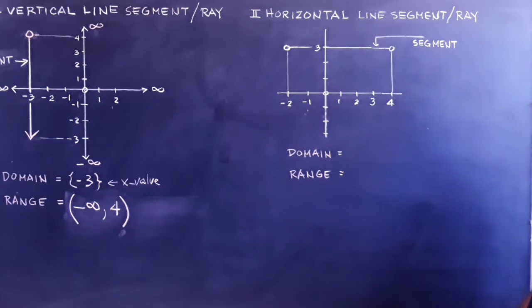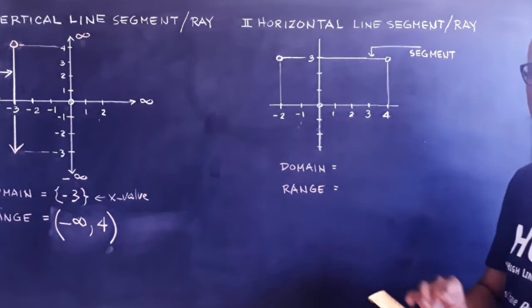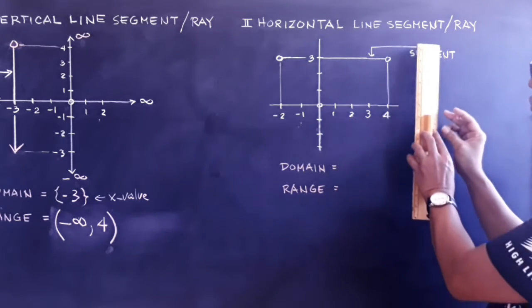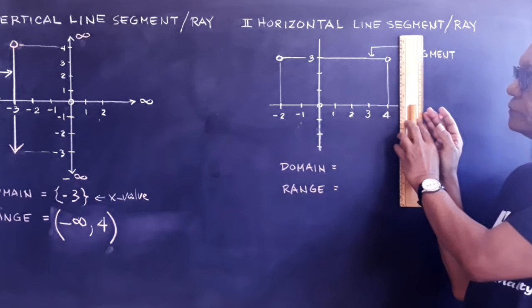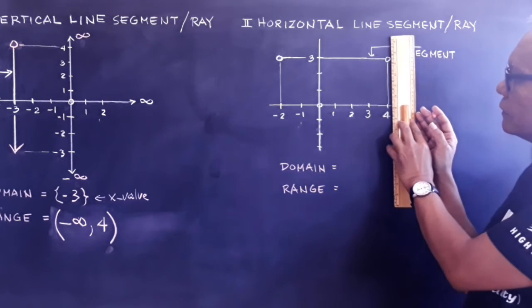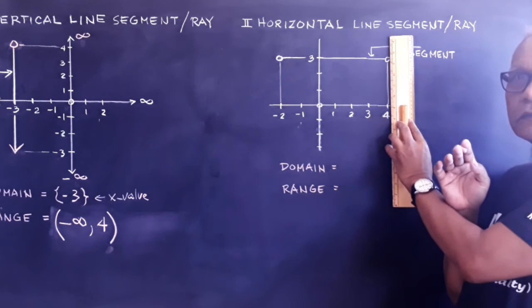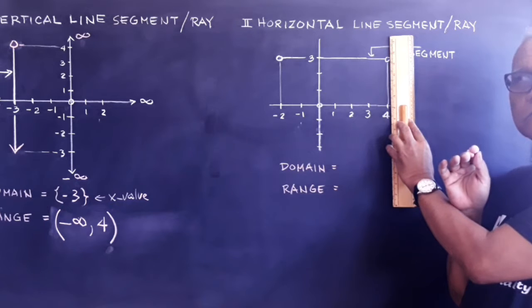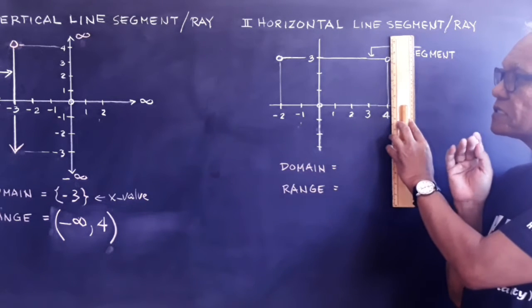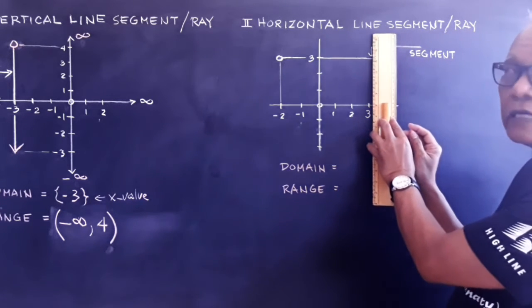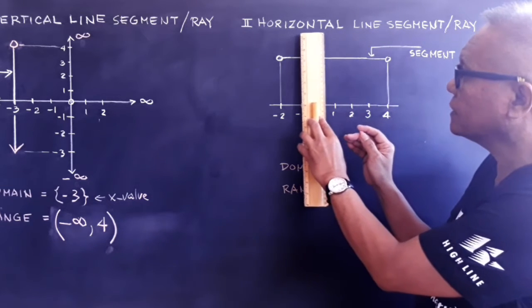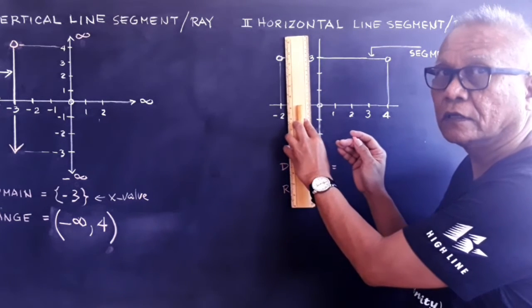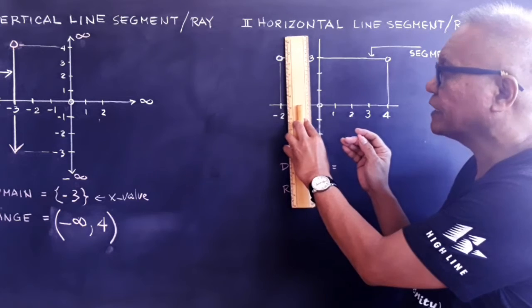So we need to find the domain. Vertical test, domain. Is 4 included in our domain? No, it should be less. 3, yes. Is negative 2 included? No.